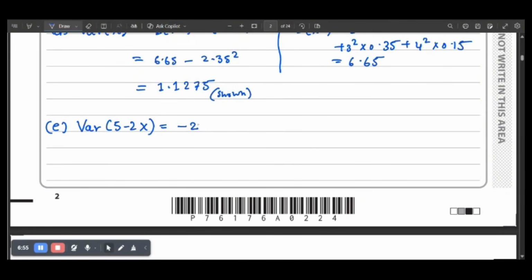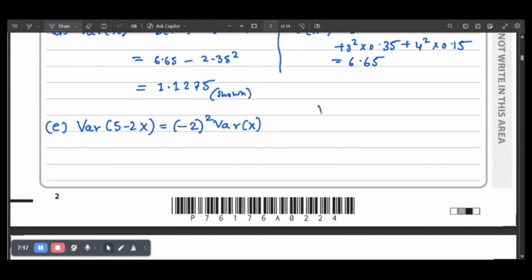So the relationship between our variable x and any number multiplied to it is that this will be squared. So the variance of 5 minus 2x will equal minus 2 square into variance of x.